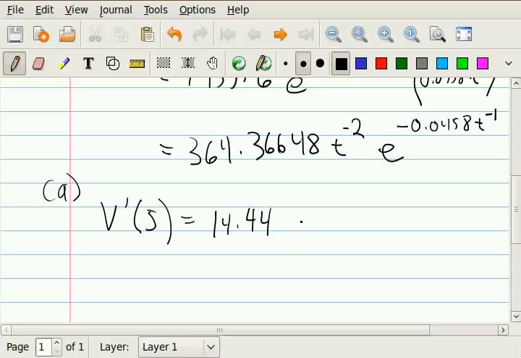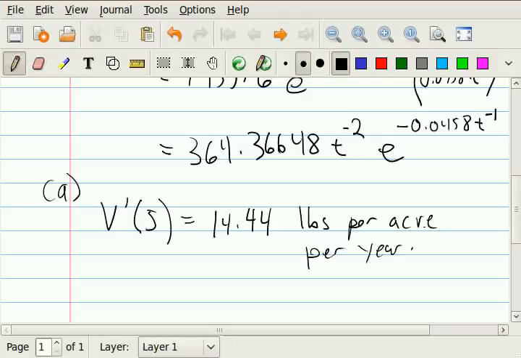Okay, 14.44 what? Well, the label is probably one of the more confusing things in here. V is yield, and we're talking about how fast yield per acre is changing per year. So if V prime of 5 is 14.44, that means the yield is growing by 14.44 pounds per acre, per year.